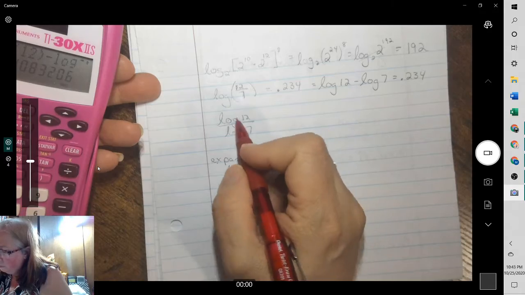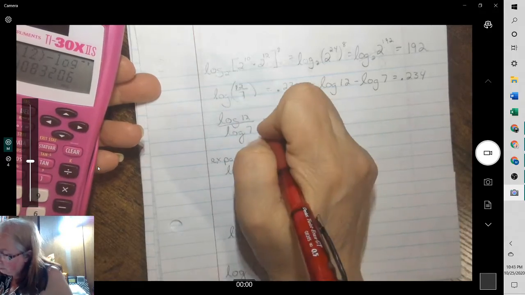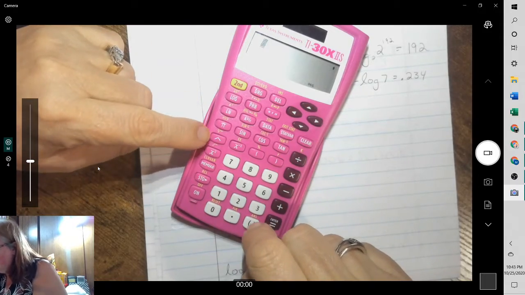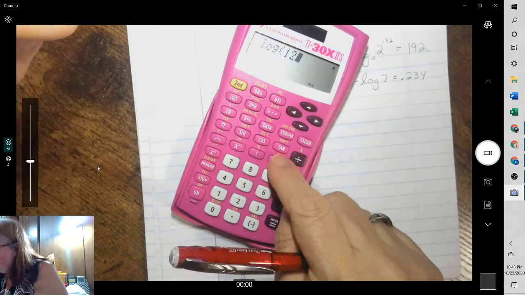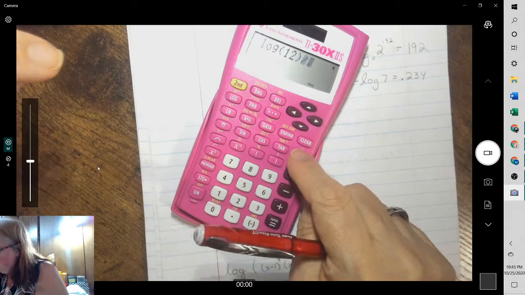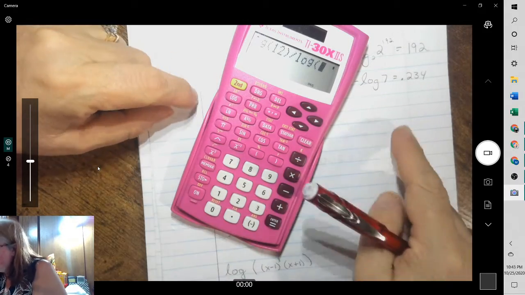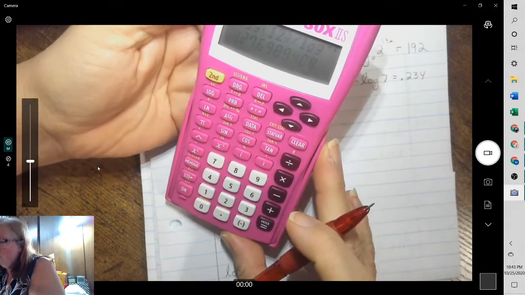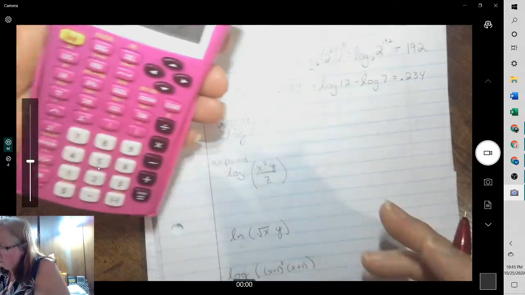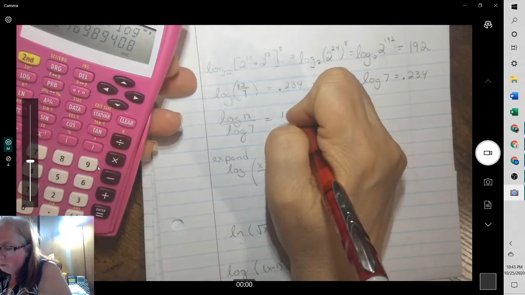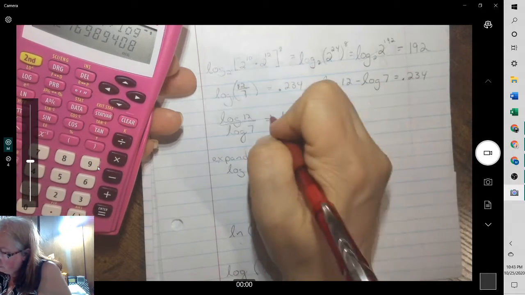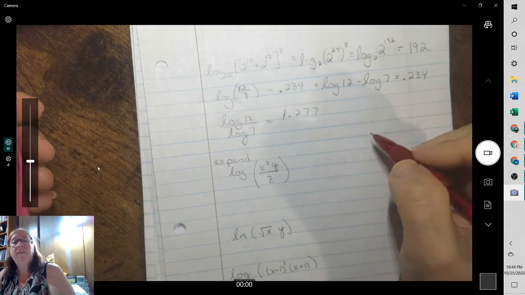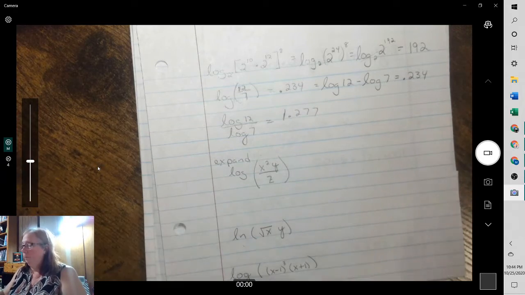You have to do top and bottom separately. So we do log 12, close the parenthesis, divided by log 7. 1.277 approximately. So they are not the same. Be careful of that.